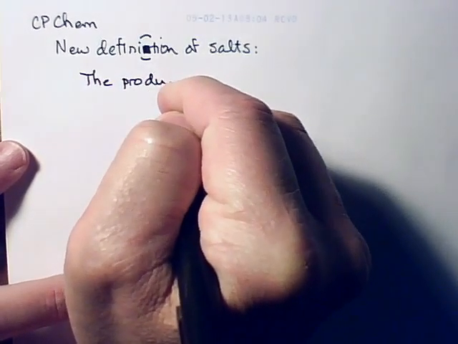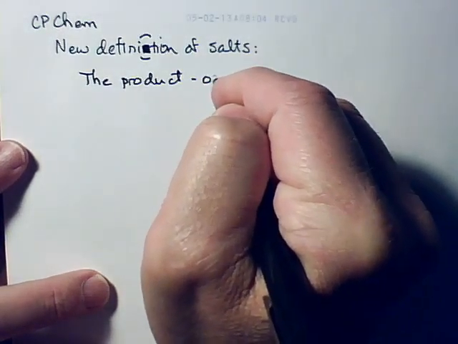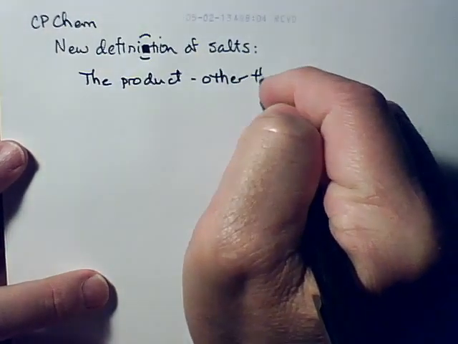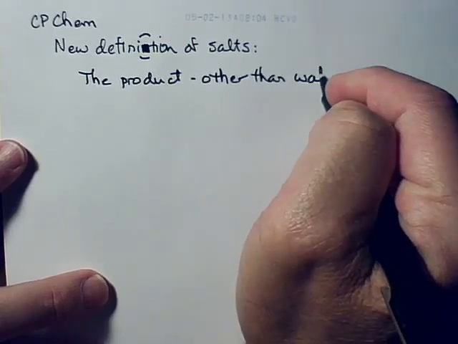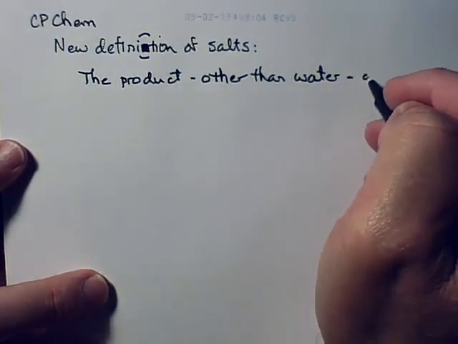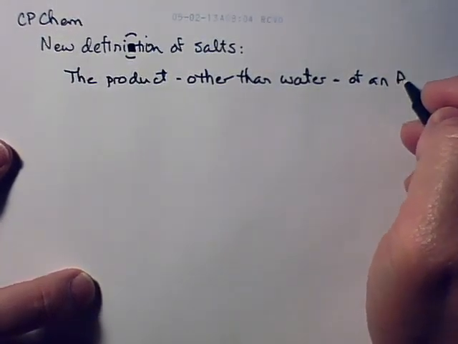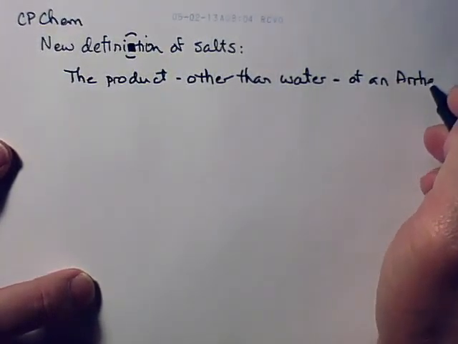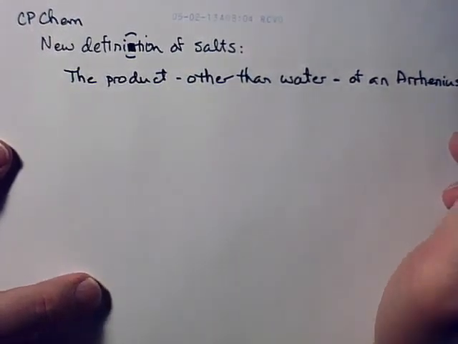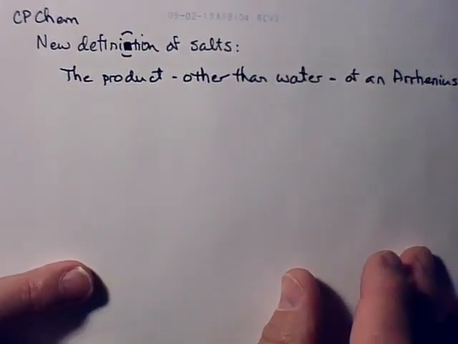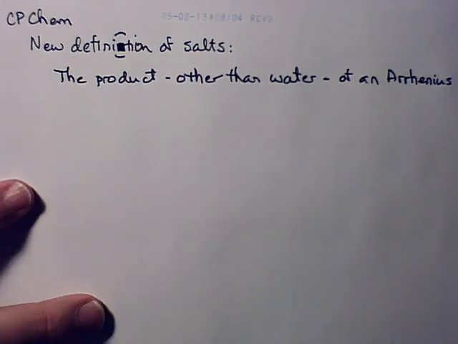the product, other than water, of an Arrhenius acid. That means it's dissolved in water. With Arrhenius, we've looked in this class at two different definitions of acids and two different definitions of bases. One is Arrhenius, and the other is Bronsted-Lowry. That's what yesterday's class was all about.